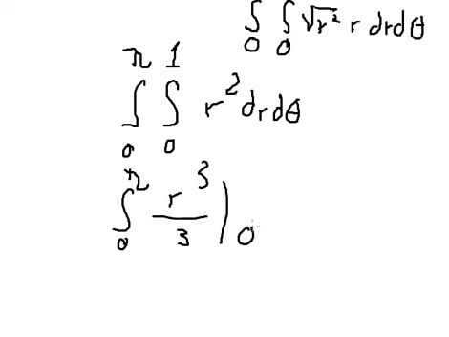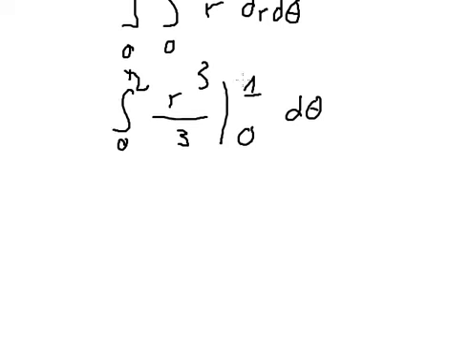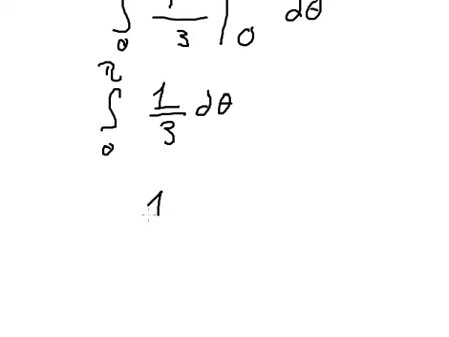And we have the bounds from 0 to 1. We put 1 going here, 0 going here. And we have 1 over 3. And we have the final answer. And that's pi over 3.